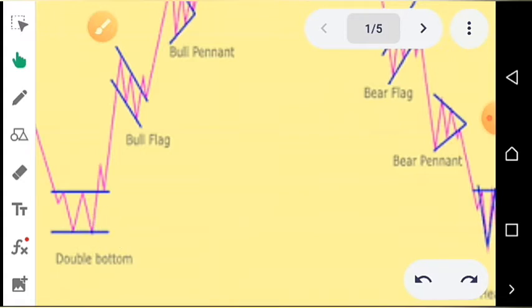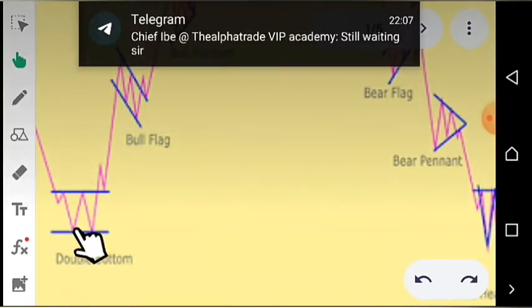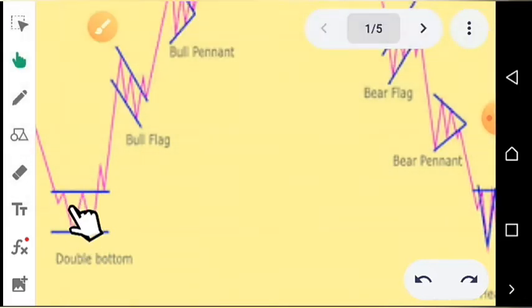Now, there is a general way of trading this double bottom. You can see this is the first bottom, this is the second bottom. The general way of trading is that, immediately you see a double bottom, after the first bottom has been formed and the neckline has been formed, you mark out the neckline.